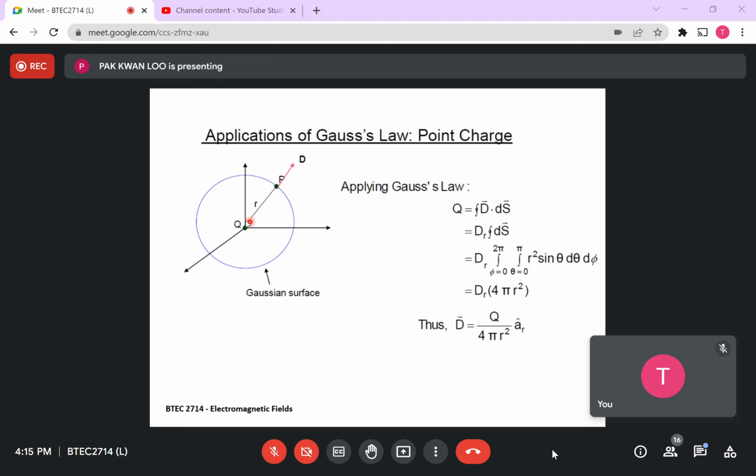As I have applied just now, we will assume that this is a point charge at the origin. So imagine we are applying a hypothetical surface and enclosing the point charge at the origin. So the charge enclosed is equal to the flux through the closed surface.